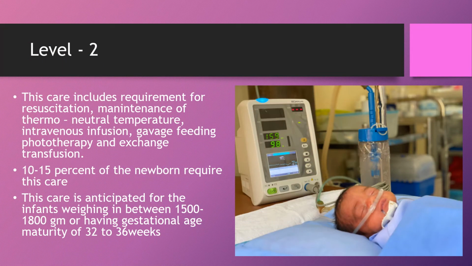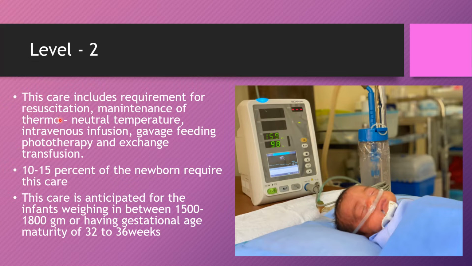Level 2 care is required for 10 to 15% of newborns. In this type of care, they will give resuscitation.